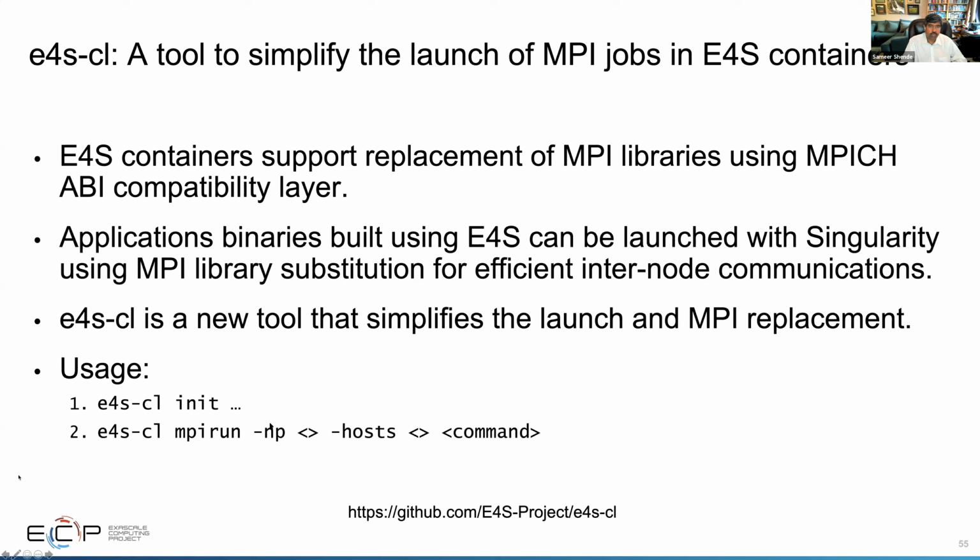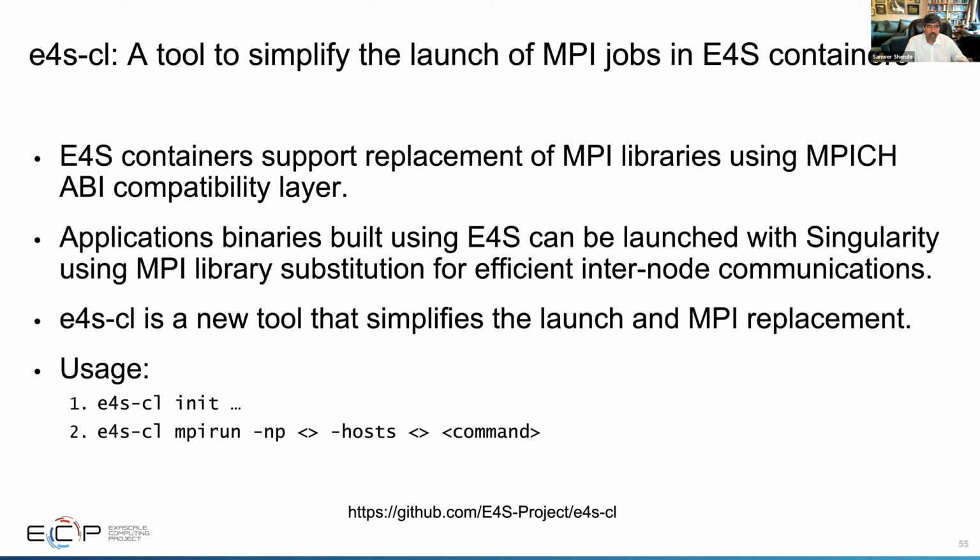And then instead of setting those paths manually, if you run your application as mpirun a.out, you could just say e4s-cl mpirun a.out, and then it will go look at those paths. It will set the LD library paths appropriately.